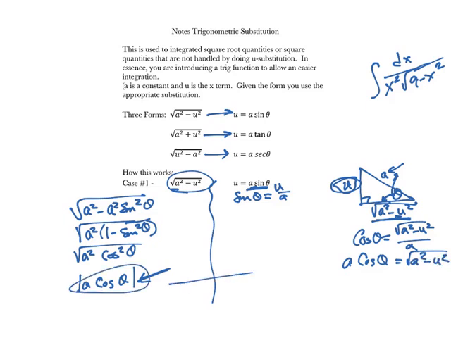So that's the piece that comes together in how the case works. You don't have to memorize that when you have a squared minus u squared, the square root's going to be a cosine theta, but when you set up the problem, it will kind of come to that, which I'm going to show you an example of this case now so that you don't have to wait to see that.